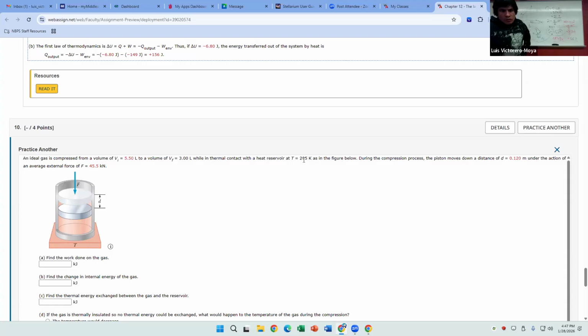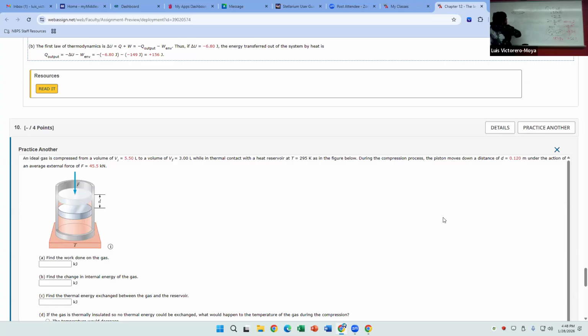So the temperature is always at 295. All right. So let's actually show you what variables you need. You are pushing down a piston like I show you there. You don't need the area because you already have the force.